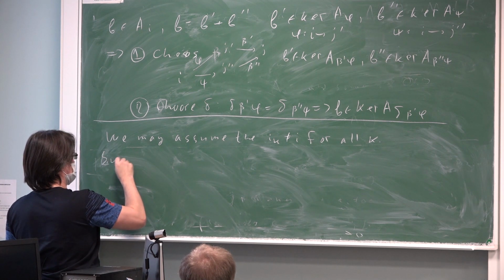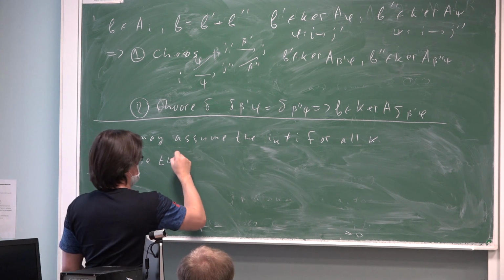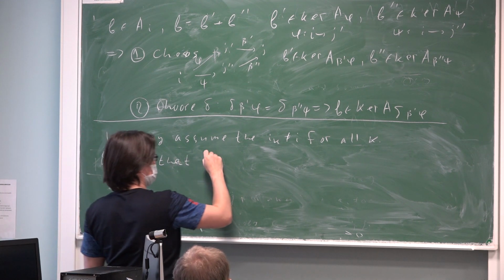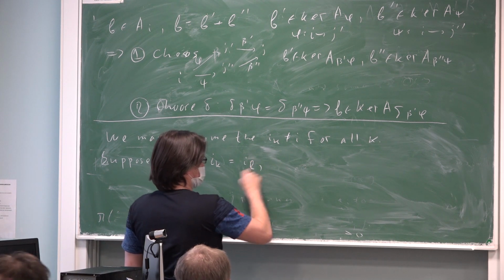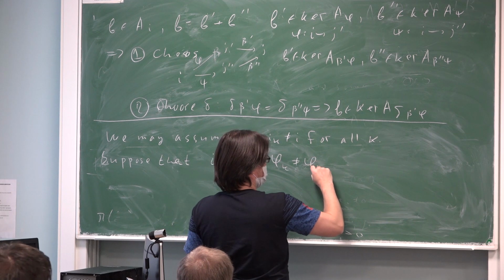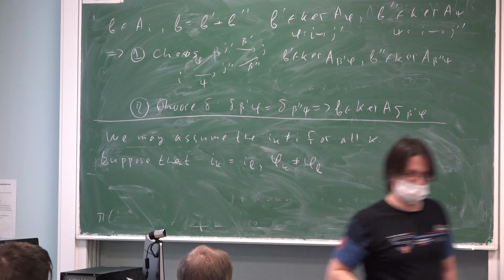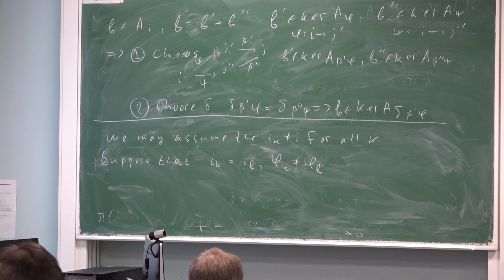Suppose that i_k equals i_l, but phi_k is not equal to phi_l. If phi_l is equal to phi_k, we simply can replace c_k and c_l by their sum.